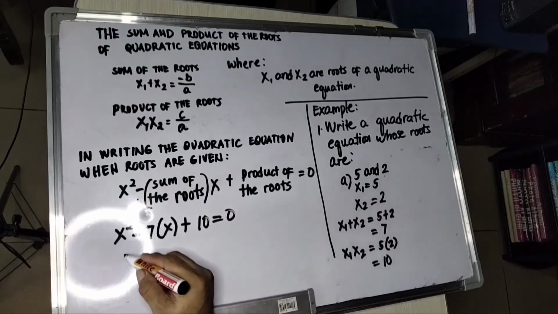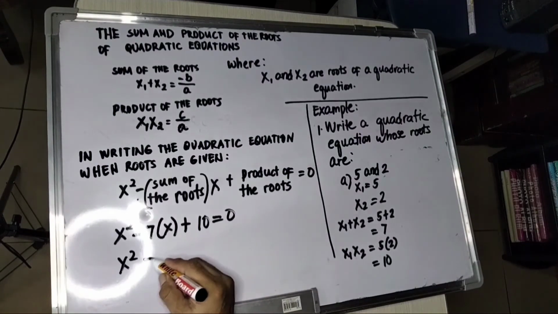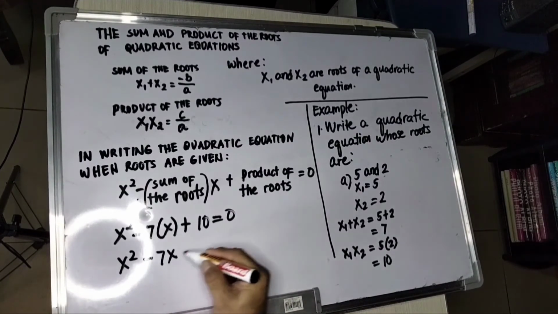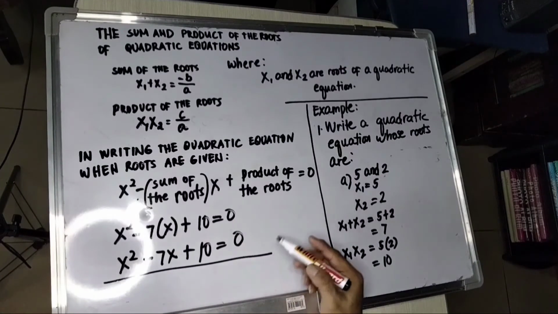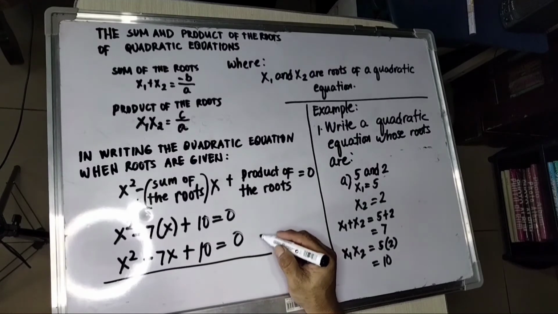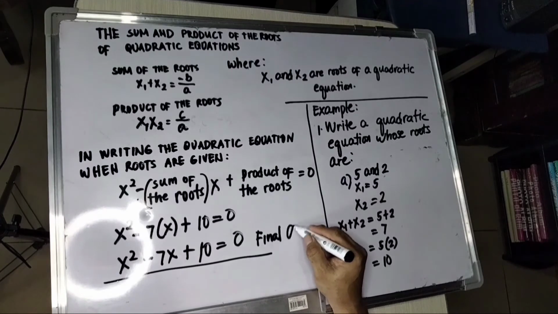Then simplifying, x squared minus 7x plus 10 equals 0. And this is now the equation. This is now the final answer.